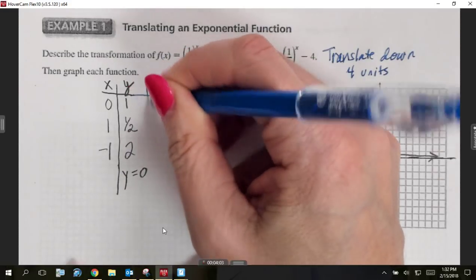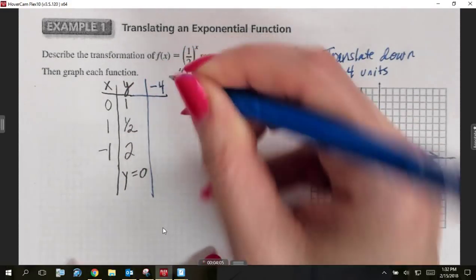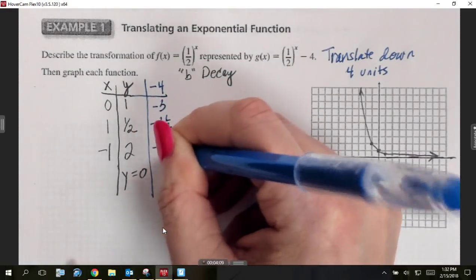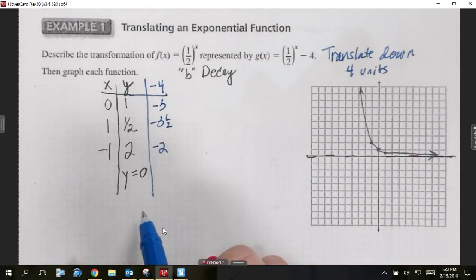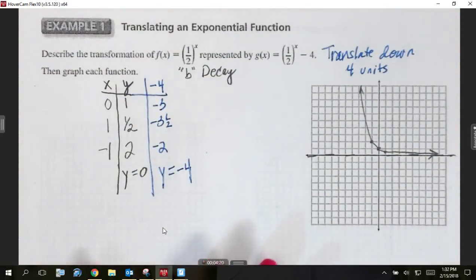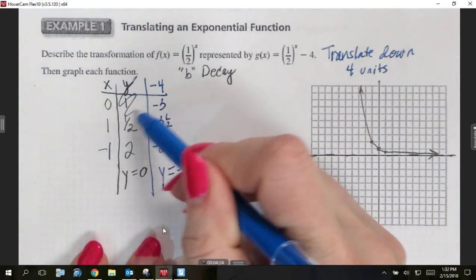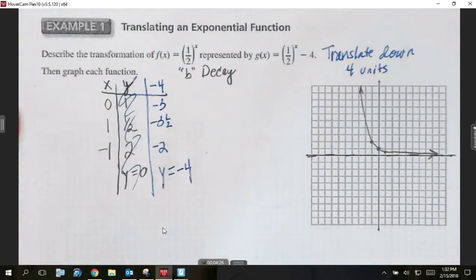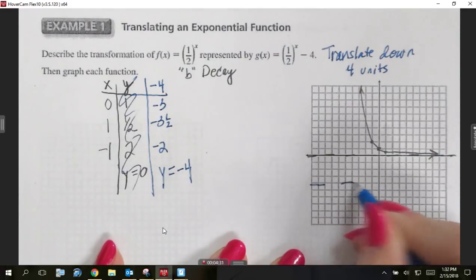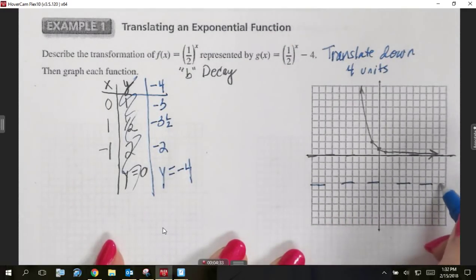I'm going to subtract 4 for all the y's, including the asymptote. Because the asymptote is y equals 0, I can subtract 4 and change my asymptote to y equals -4. When we graph that, we don't graph the old y's, we graph the old x's and the new y's. So my asymptote has now moved down 4.